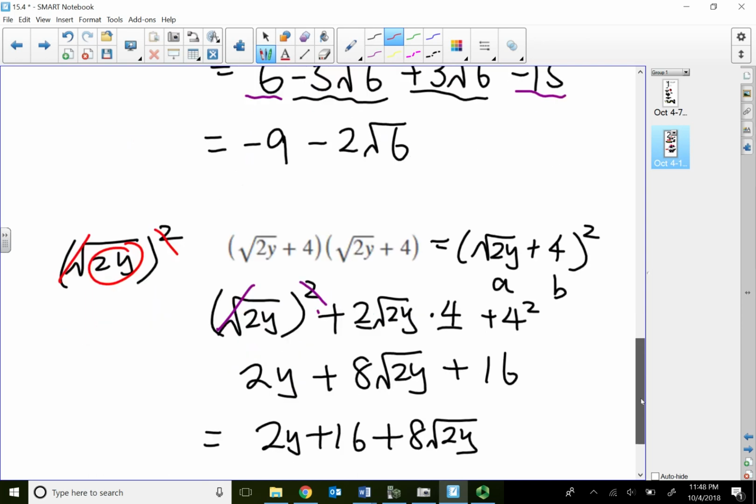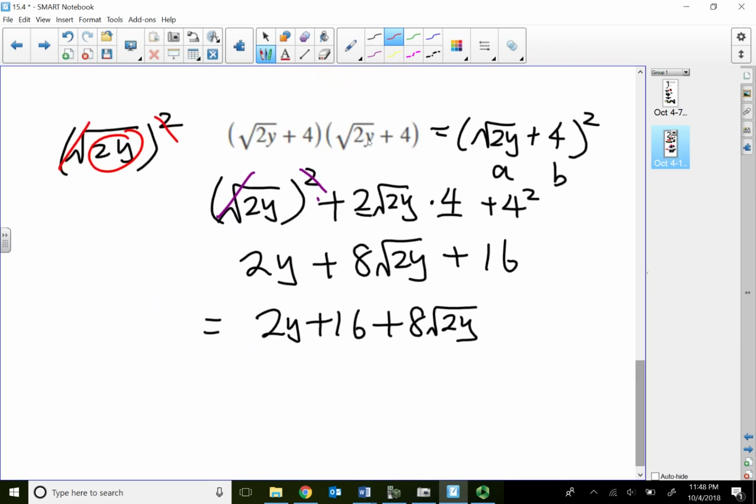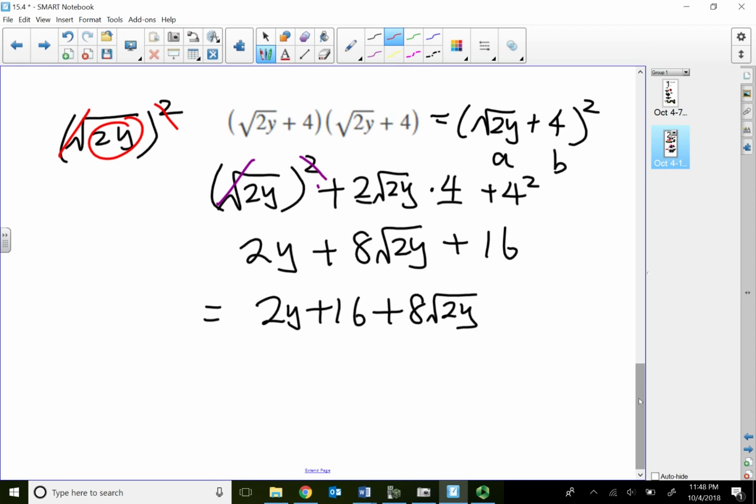All right, while I'm at this, I'm going to do exactly the same problem, but change the plus sign to a minus sign. This is an interesting one because this problem relates to dividing. Believe it or not, when it comes to dividing with radicals, we need this.